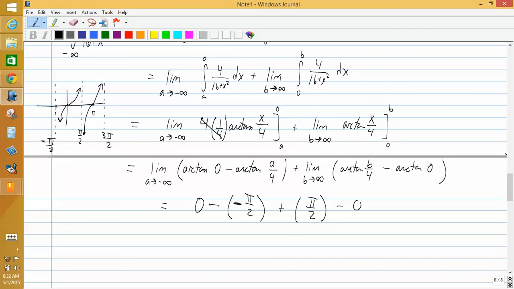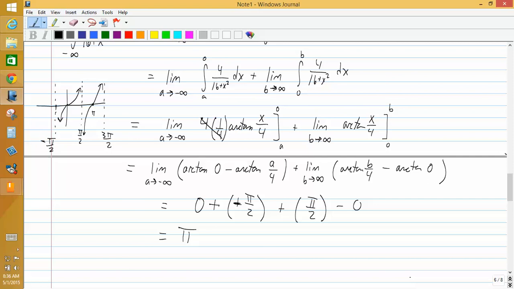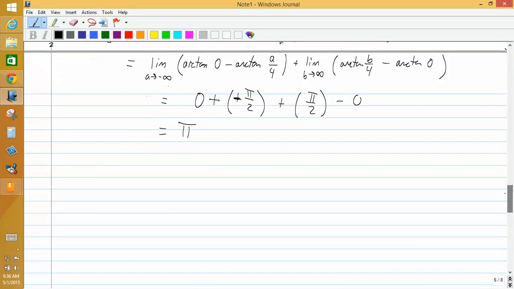So you can see I have minus a negative here. Alright, so that would be plus, and so pi over 2 plus pi over 2 would be 2 pi over 2, or just pi. So that's one way to work it. Of course we're right, we're always right. We checked the book and it was right.